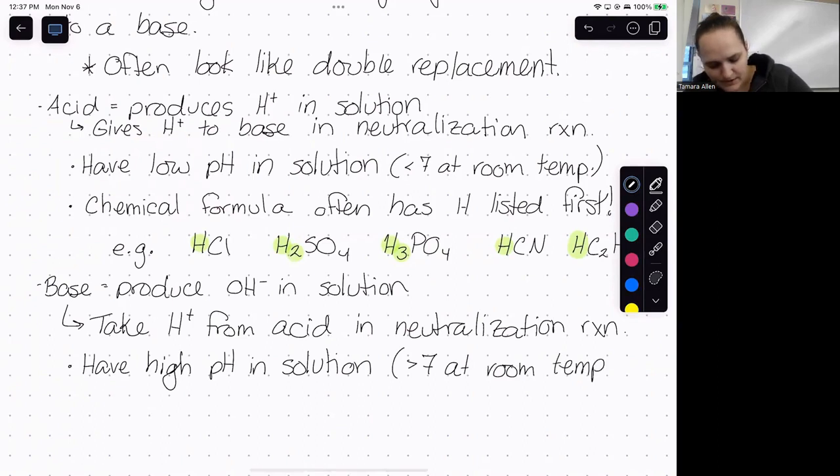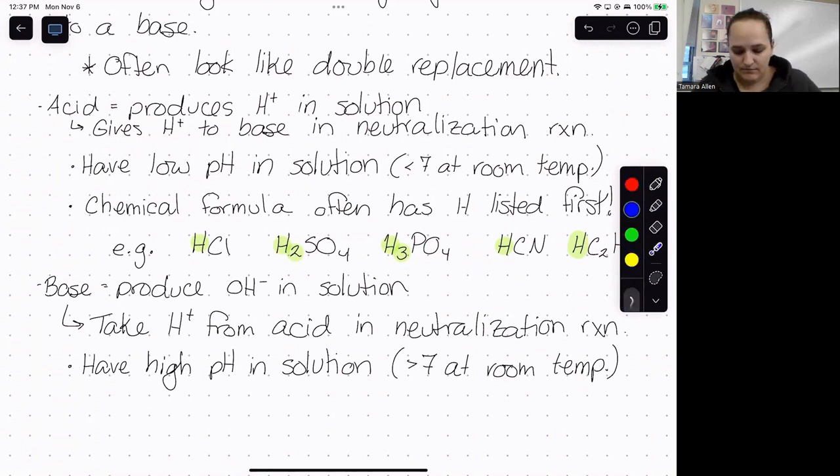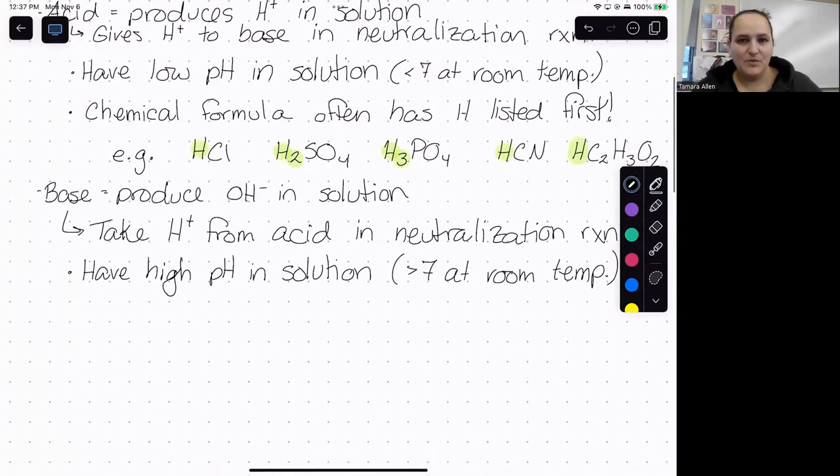At room temperature, 7 is considered neutral, which is right in between acidic and basic, and anything below 7 is considered acidic, anything greater than 7 is considered basic. At other temperatures, that does change, but for now, room temperature is good enough. So in terms of formulas and structure, bases are actually considerably more diverse. We're going to focus on just one of the more common categories of bases, and that is hydroxide compounds.